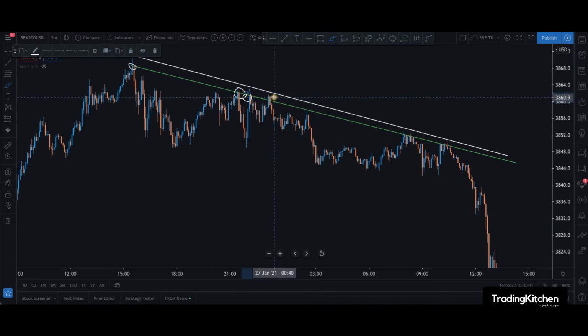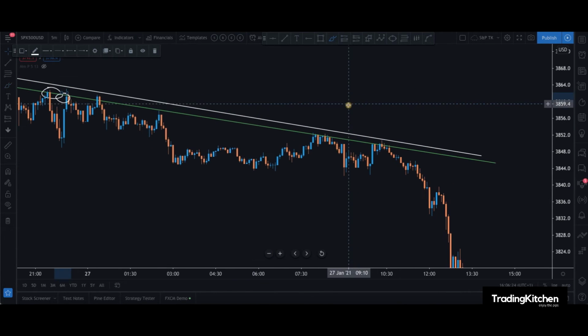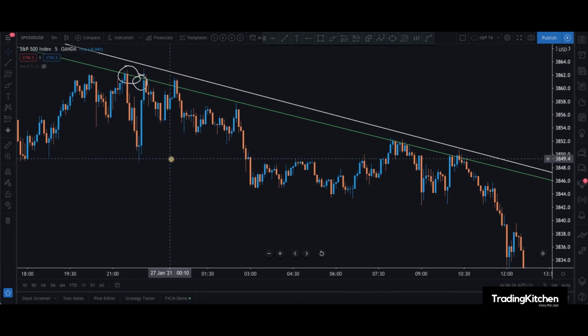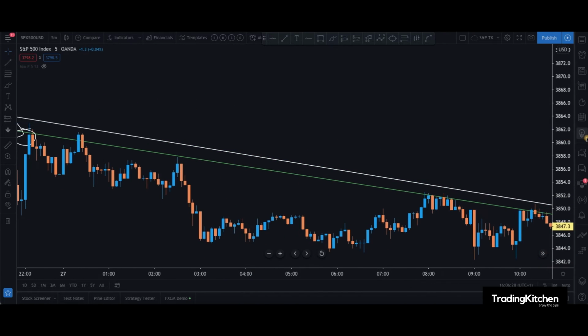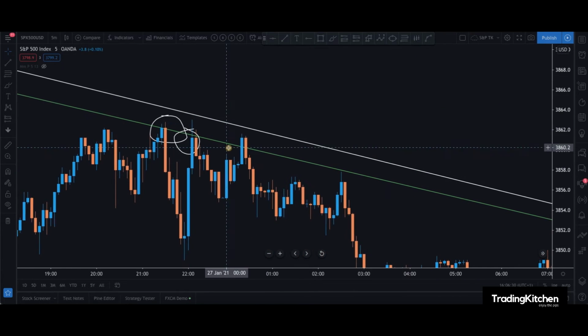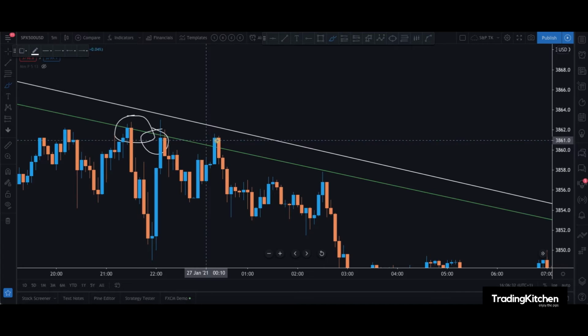When you see this kind of double formation, this is a double top. We're going to see this now. But this is some kind of manipulation. Okay, false breakout, and then price follows the trend line and keeps on going down, as the primary trend wants.